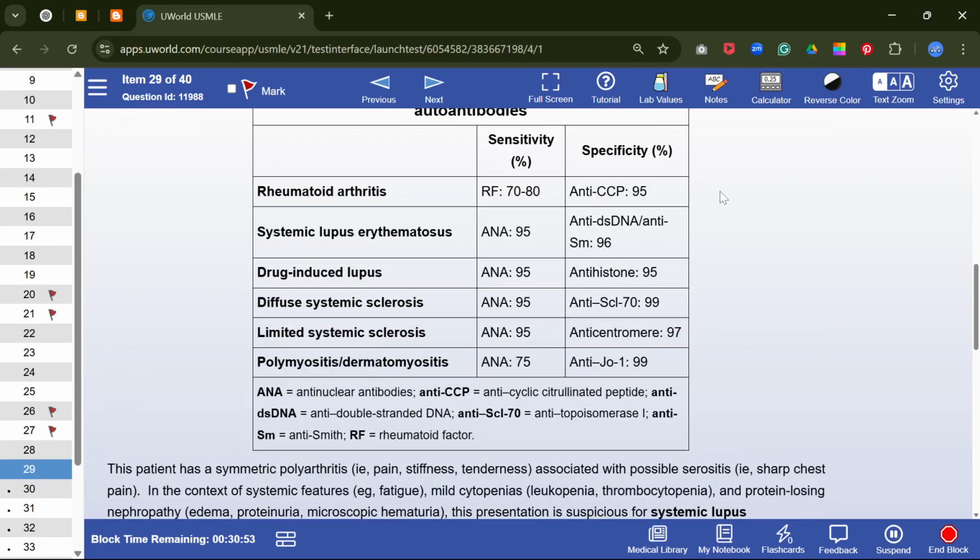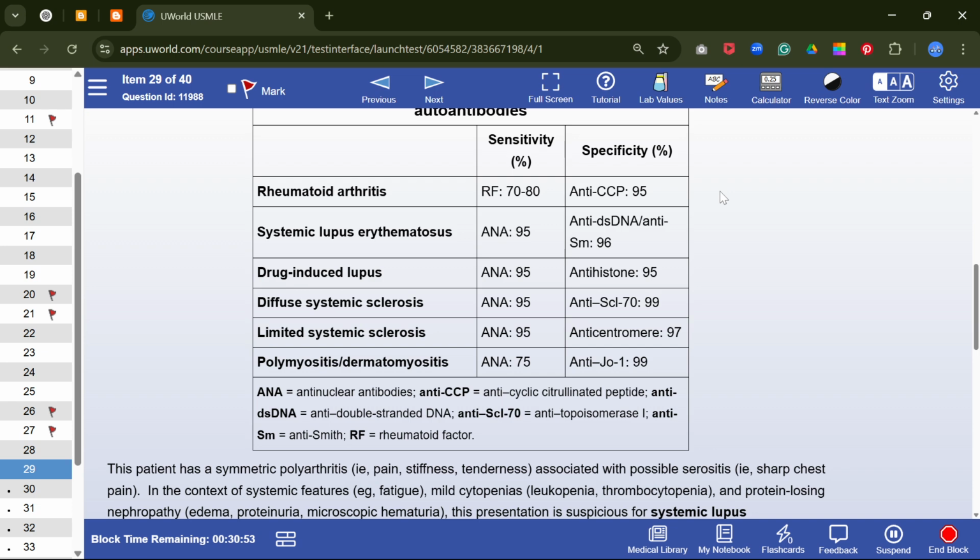In this box, the most important point: for RA, the sensitive test is rheumatoid factor and the specific test is anti-CCP antibody. For SLE, ANA is the sensitive test, and confirmatory tests are anti-dsDNA and anti-Smith.